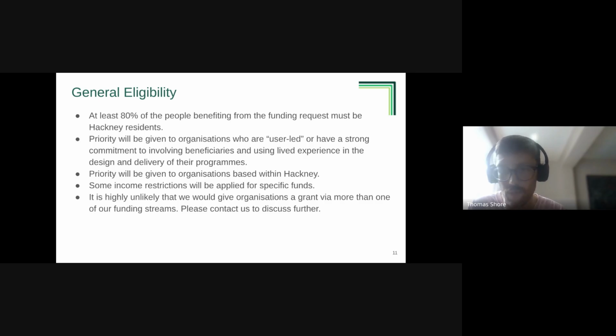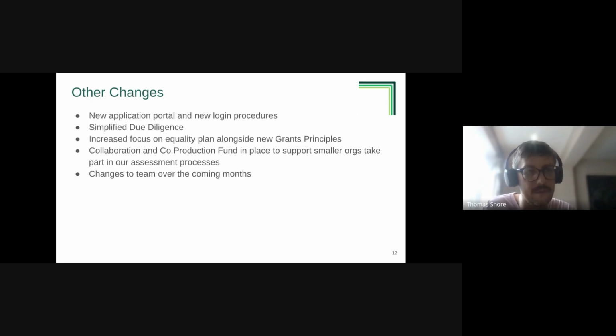Priority will be given to organisations who are user-led or have a strong commitment to involving beneficiaries and using lived experience in the design and delivery of the programmes. Priority will be given to organisations based within Hackney, but some income restrictions are applied for specific funds. It's also highly unlikely that we'd give organisations a grant via more than one of our funding streams. But if you're unsure about this, please do contact us to discuss it further.